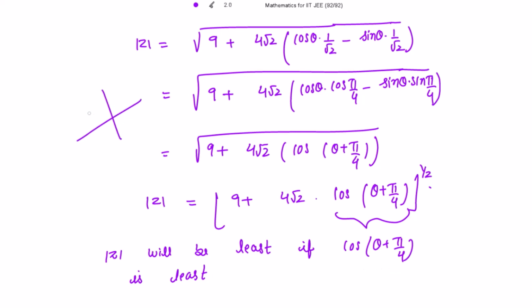Now in the second quadrant, cosine is negative, right? And its least value is negative 1, that is at pi. So the least value of cos of this angle is negative 1, where this angle is equal to pi. That is cos of theta plus pi by 4 should be equal to negative 1, and negative 1 is cos of pi, right?